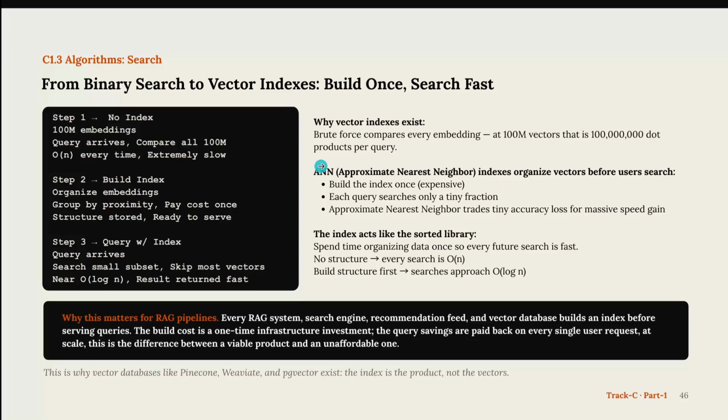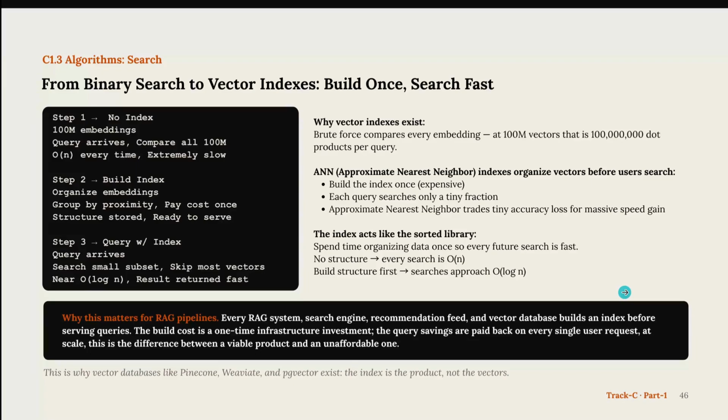Each query searches only a tiny fraction of the items, and using ANN, it trades a tiny accuracy loss for massive speed gain. The index acts as the sorted library. Since it is structured, it's easier to do the comparison every time we need to.